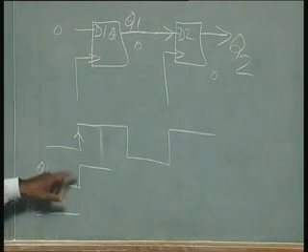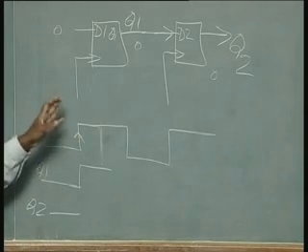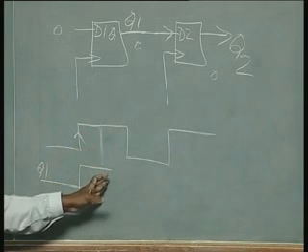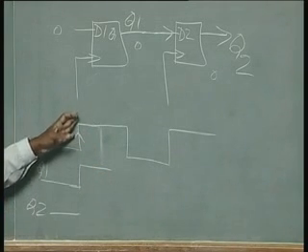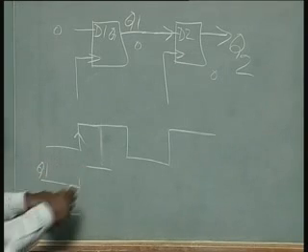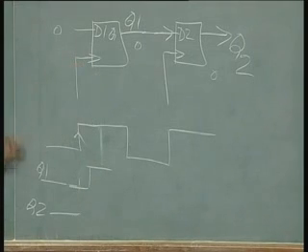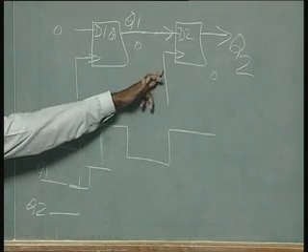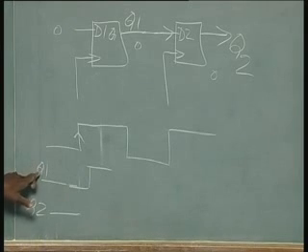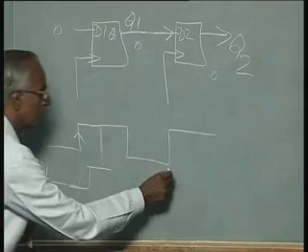Although we applied it here, it changes only after a delay. So when the clock struck, this senses 0 of Q1, not 1, and it will be sensing 1 only in the next clock.